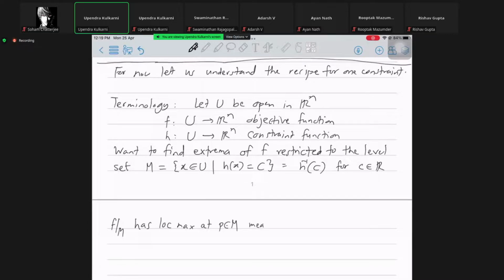What does that mean? That just means that I can find an open neighborhood in all of R^n, some open set. Sir, sorry to interrupt, but you've marked h as mapping from U to R^n, but c belonging to R. Oh, to R. I'm so sorry.